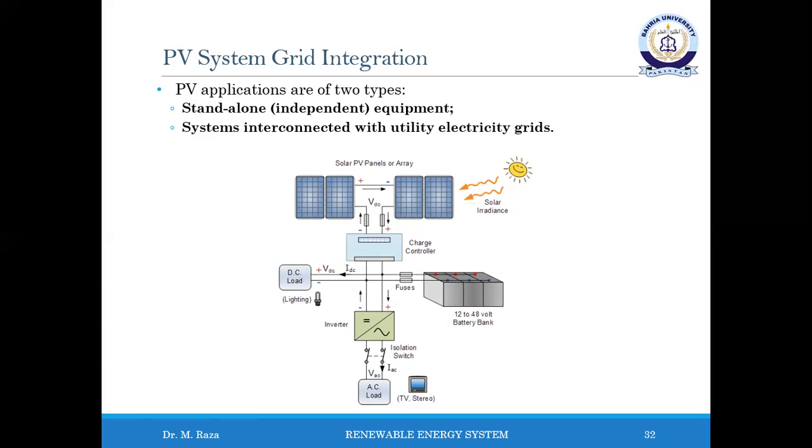Hence, a charge controller is used to control the system and prevent the battery from overcharging and over discharging. Overcharging shortens the battery life, while undercharging may lead to sulfation and stratification, which result in a reduction in battery effectiveness and lifetime.